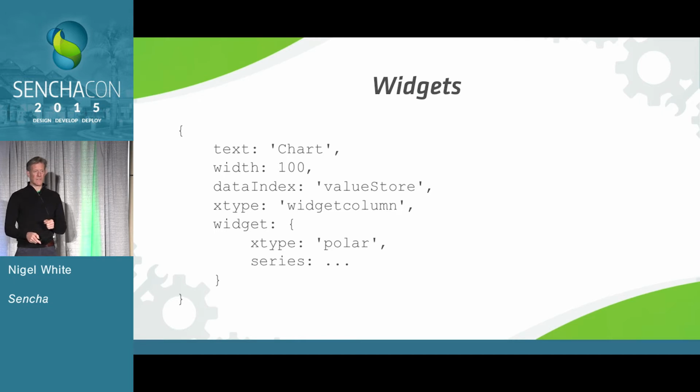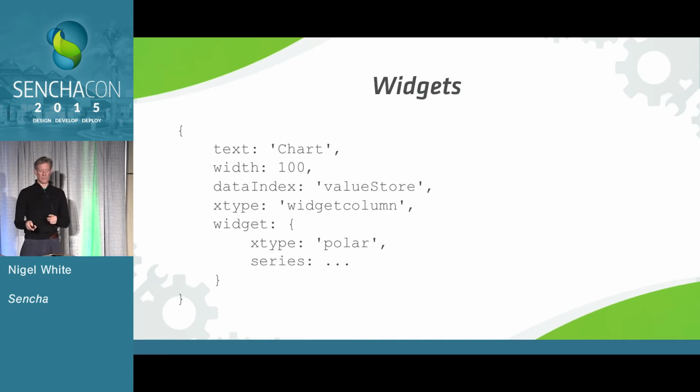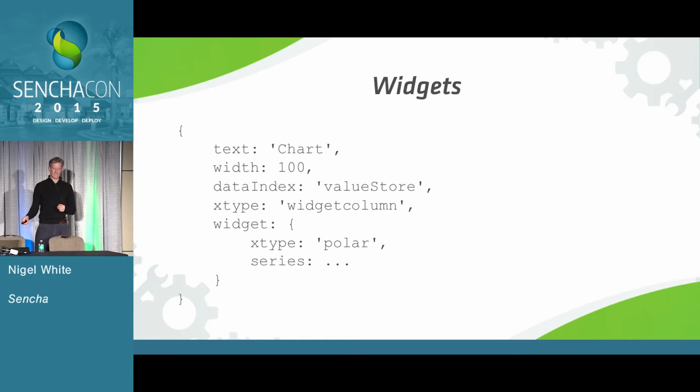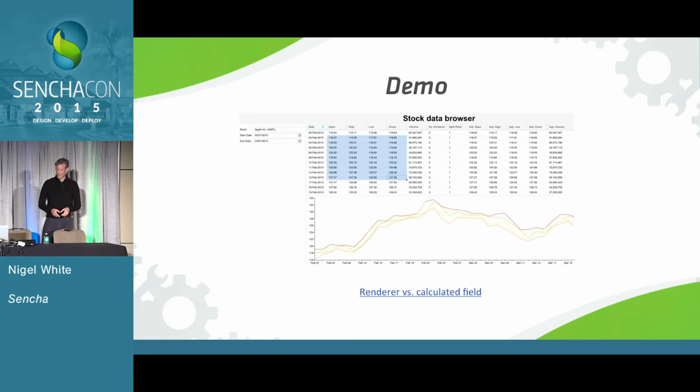Data index gives you the field which is going to be fed into the default bind property of the widget. So the default bind property of a chart is a store. So we're going to have a field in our record which is itself a store, and the chart will draw its data from that. Okay, we can go into a demo now.